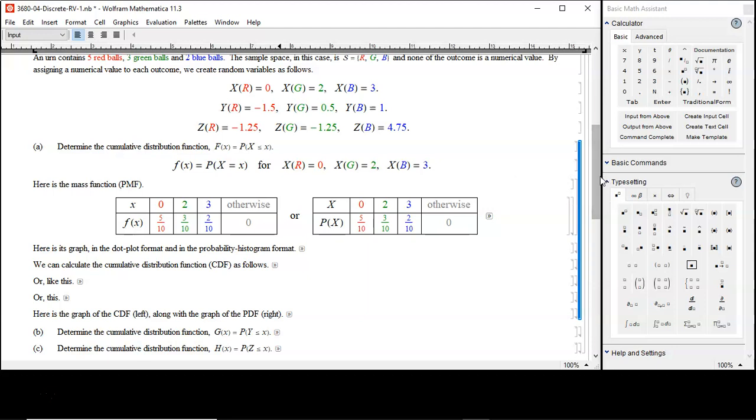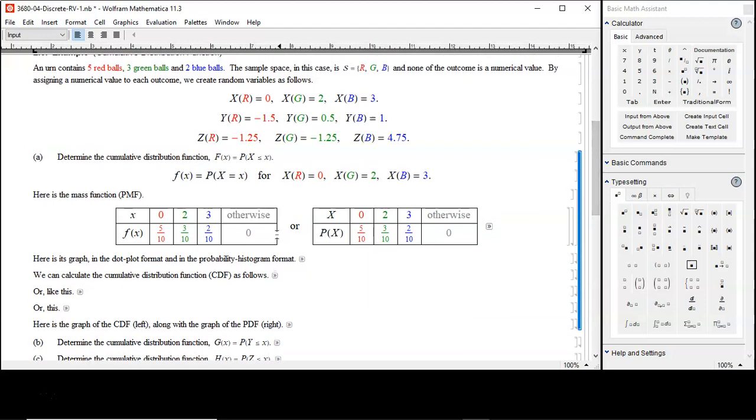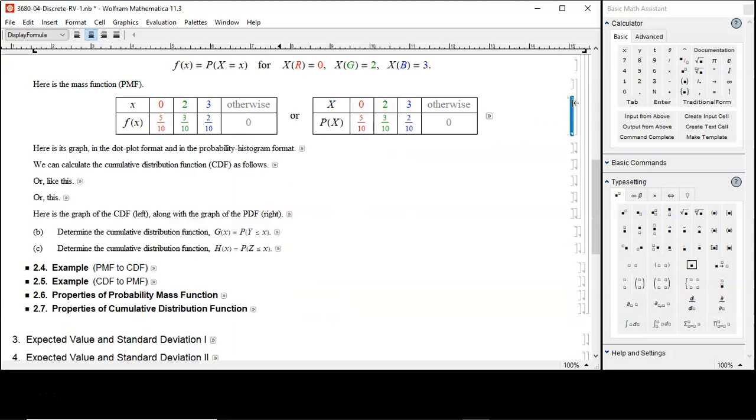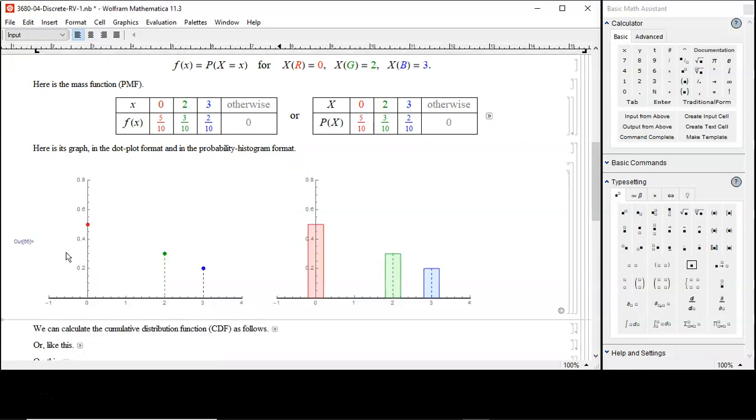So there goes a mass function, PMF, probability mass function, and in alternative expressions like this. And then graphs are like that, either dot plot, which I prefer, or probability histogram, acceptable.